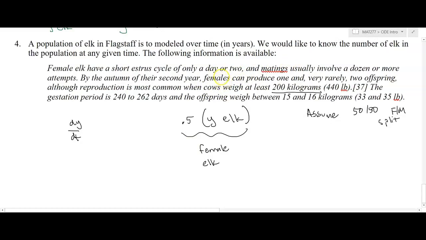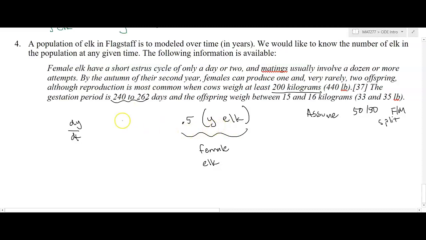Now, it's not the case that if I had 100 elk, there would be 50 new births, right? That every single female would give birth to one calf per year, because it actually takes less time than a full year.